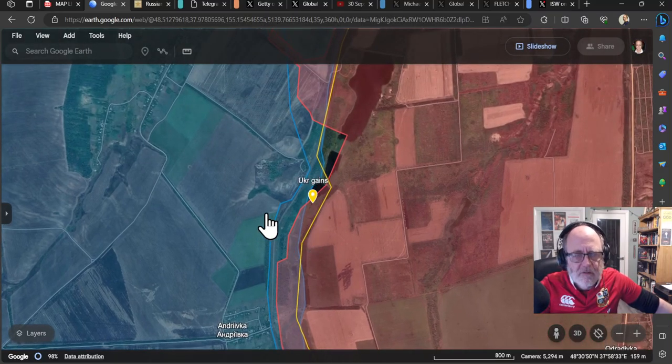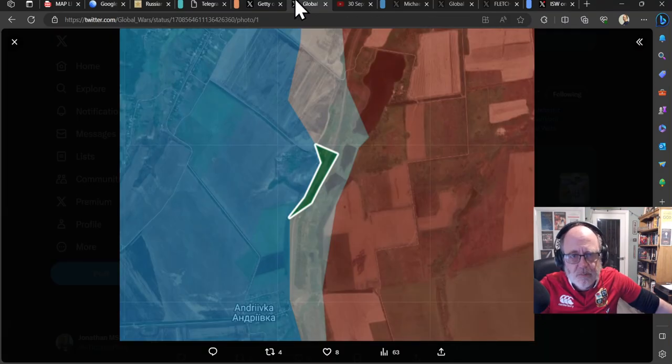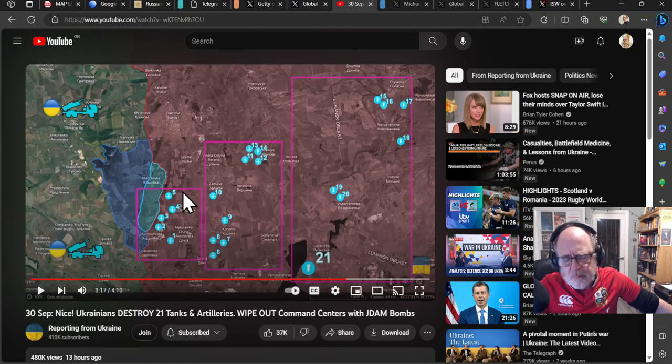So the area that Deep State Map is talking about, it could basically be as a result of Deep State Map just using Deep State as a source. Reporting from Ukraine's video last night was about this area. As you can see, you've got Klishchiivka here, and they were talking about how three different levels of munitions ordnance are hammering the Russians.